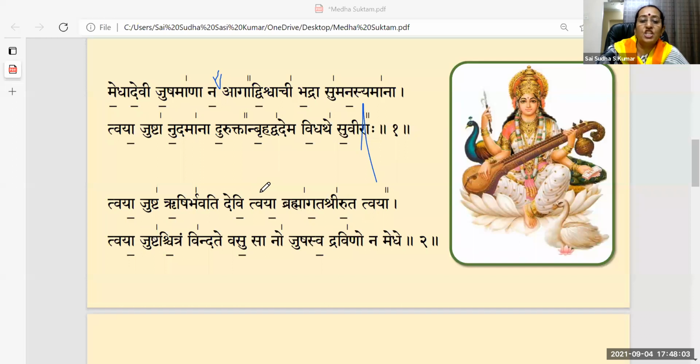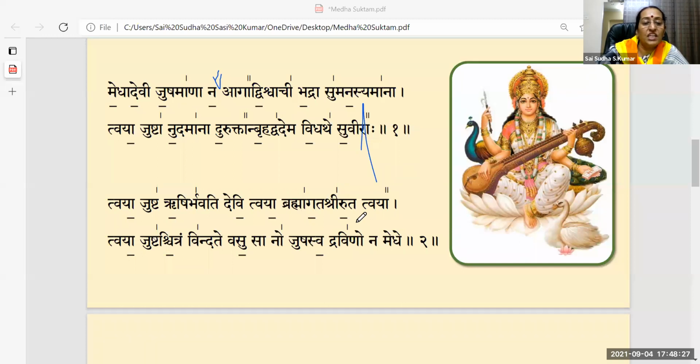Brahma Gata Shri Rutatvaya. Brahma, again, that clarity should be there. It should not be Brahma Gata. Brahma Gata Shri Rutatvaya. Then the next line is Tvaya Jushta Chitram. Jushta, again, Chi.